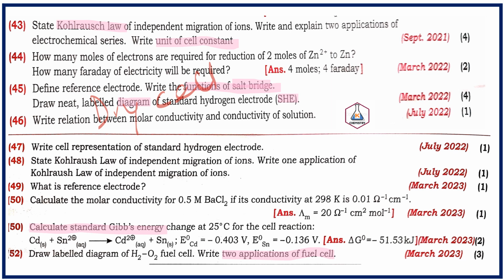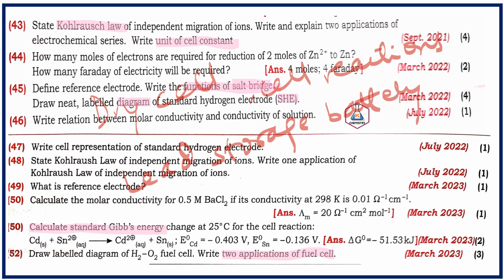Thereafter, cell reactions; you should practice cell reactions and their uses. Next, the lead storage battery, also called the lead accumulator. Even this diagram is important, the labeled diagram. Then the cell reaction.